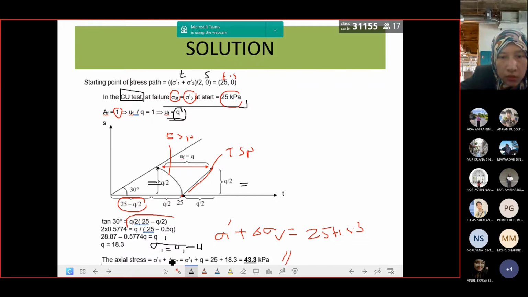So the final answer total stress or axial stress is equal to 43.3.